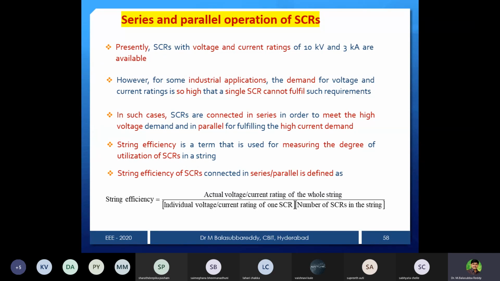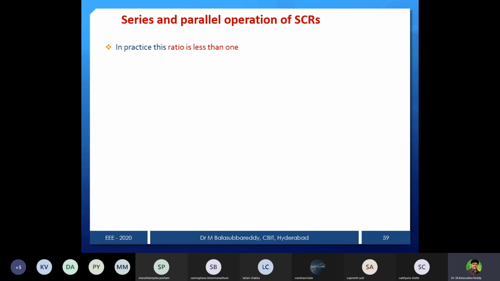For parallel operation, it is the actual current rating of the whole string divided by the individual current rating of one SCR times the number of SCRs in parallel. That is the normal string efficiency formula.